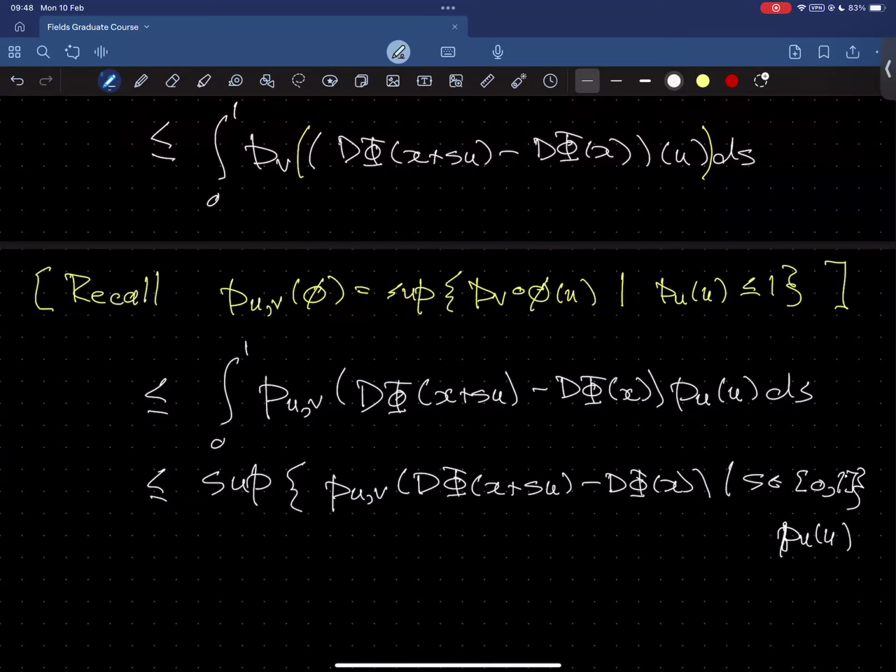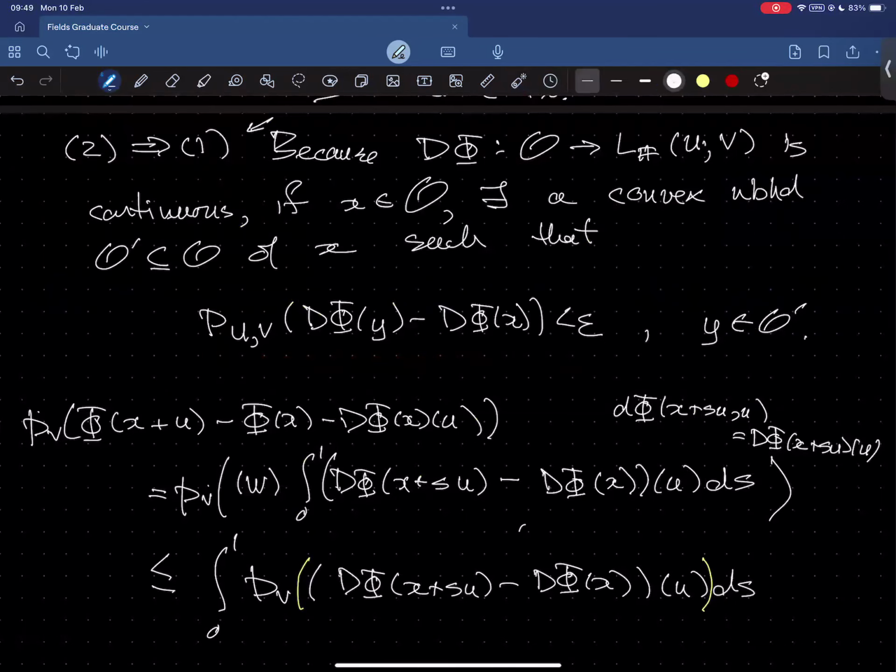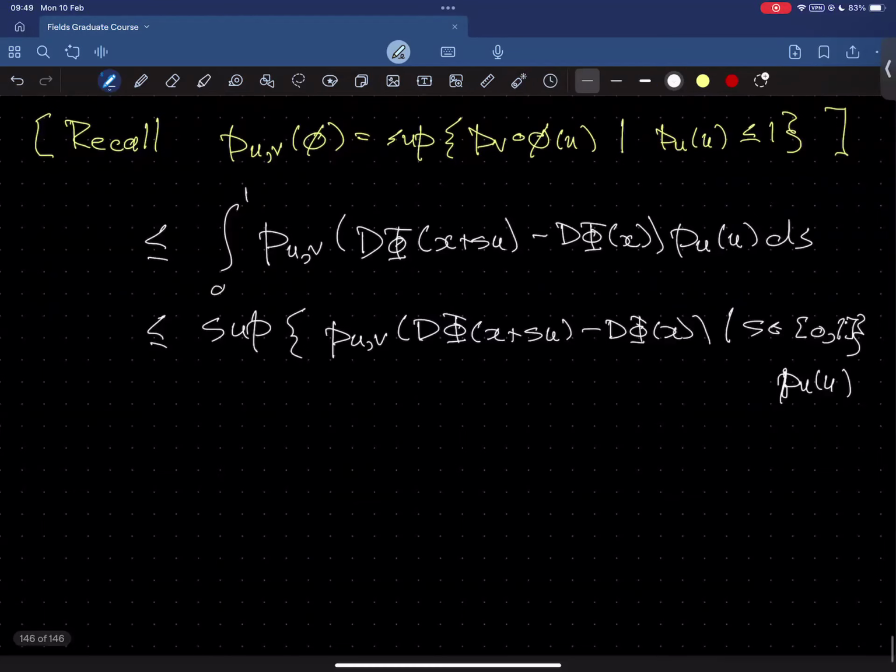I'm just taking the sup of the integrand over s. Now I'm going to use this, and what I get is that this is less than or equal to epsilon p u of little u.